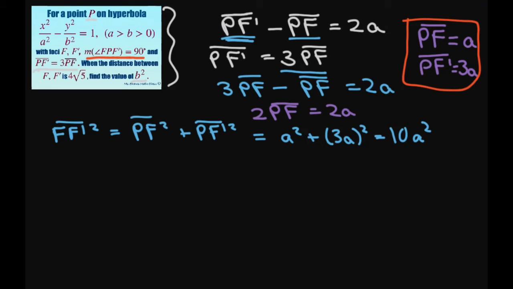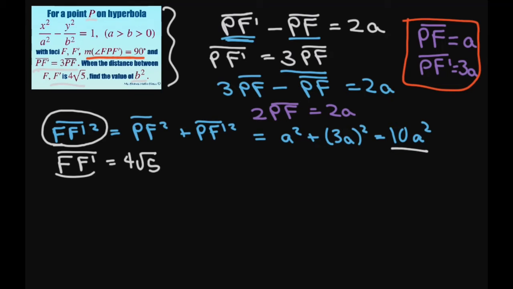All right. Now that we have that, we also know this information. We know that the distance between F and F prime is 4 square root of 5. So I can write this as FF prime. This line segment is 4 square root of 5. All right. Now, if I square both of these, because we have this squared equals 10A squared, I'm going to get 4 square root of 5 squared equals my 10A squared.